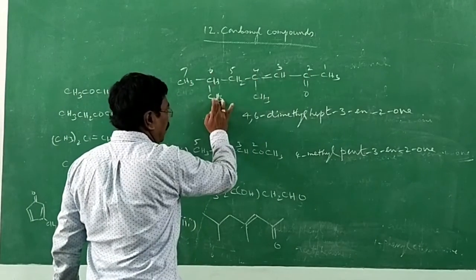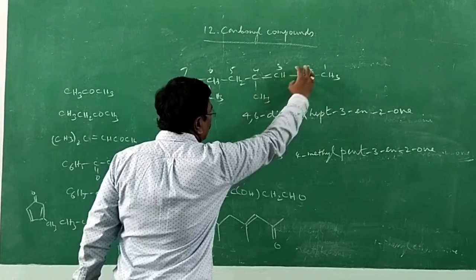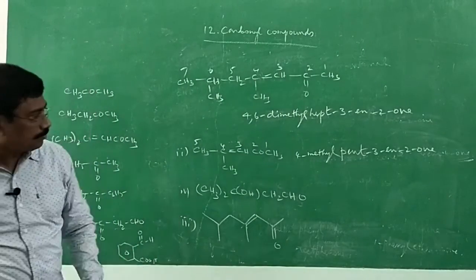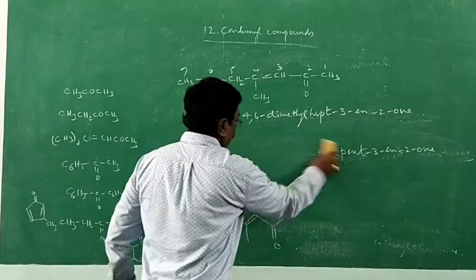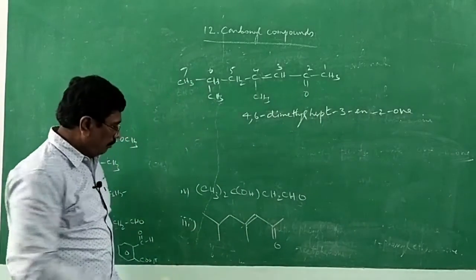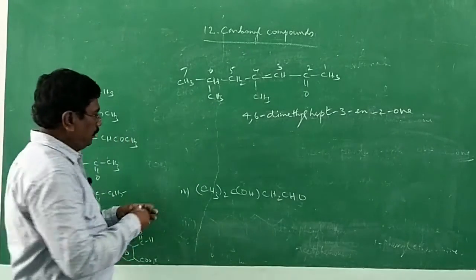4,6-dimethyl heptene, that is 3-en-2-one. Now, fourth, last one. Let me go to the last compound, fourth compound. What is it?